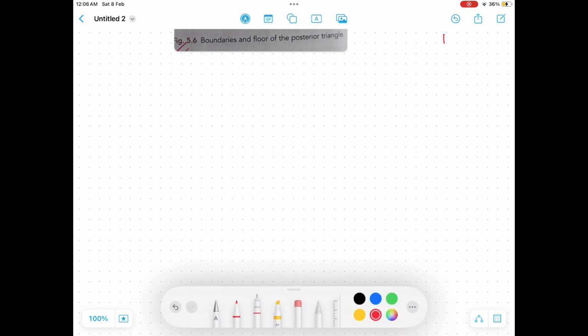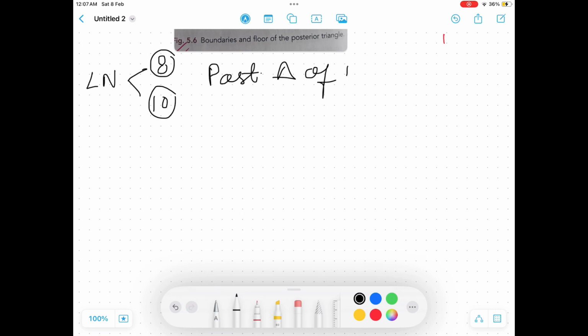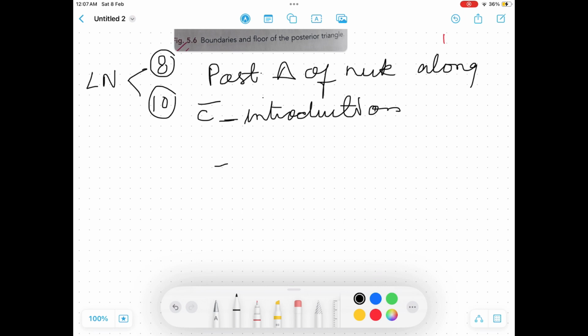So from this topic that I have covered, a long note can come in both 8 marks or 10 marks also, with the question posterior triangle of neck along with introduction, contents, boundaries.